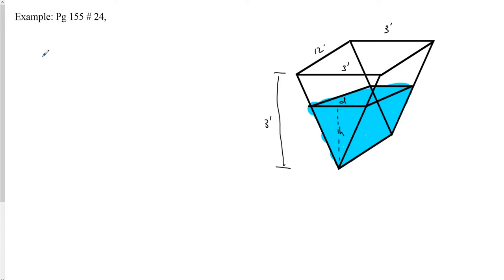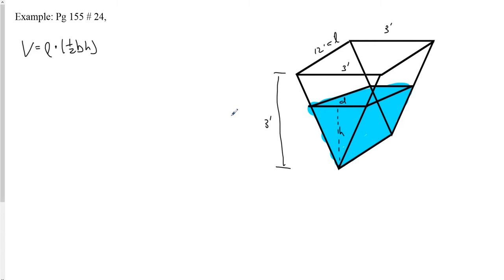Well, the volume of any right prism is the area of the base times the height. And in this case, the volume is going to be the length times 1/2 b times h. We'll just call this length, and that length here is going to be 12. All right, so that'll help.